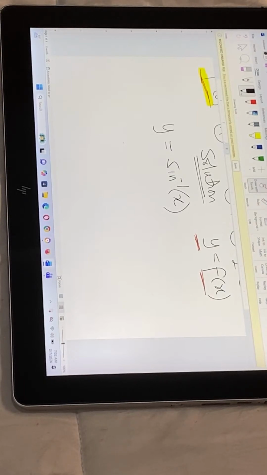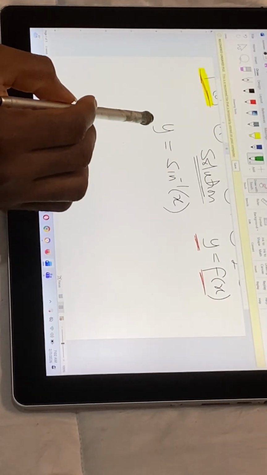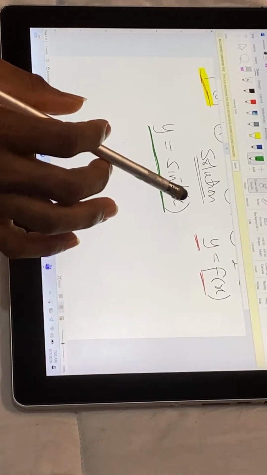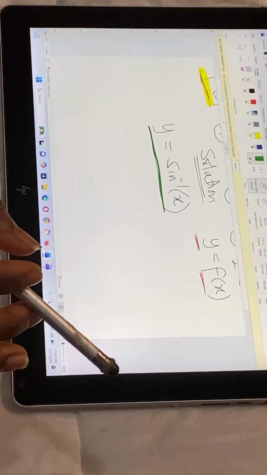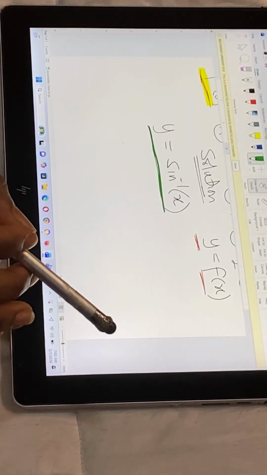So whenever you are given a question, the first thing to identify is the function. The function here is trig. Trig are sine, cosine, tangent, sec, cot, cosec.